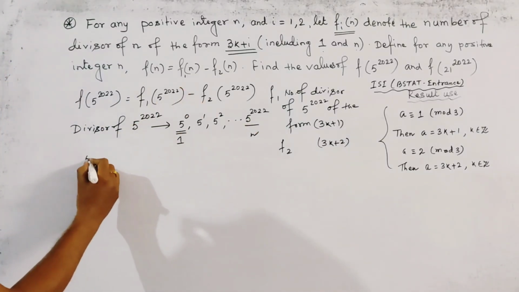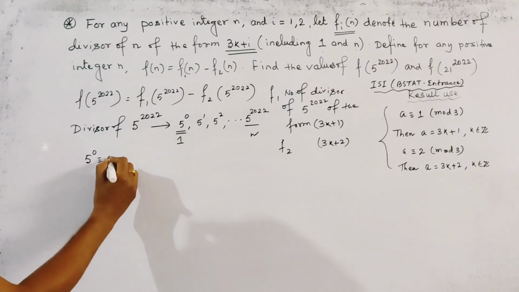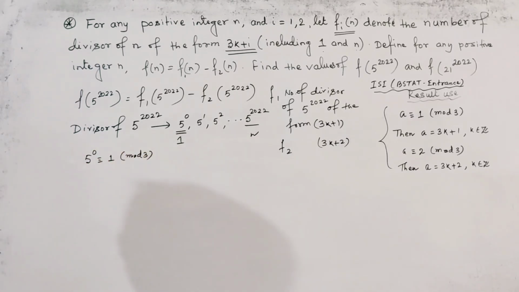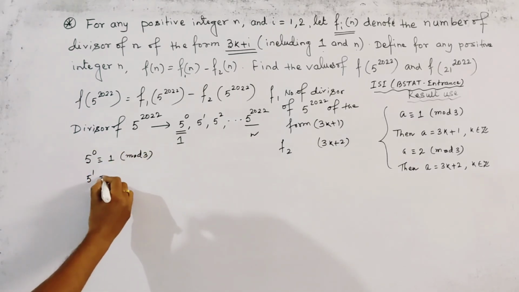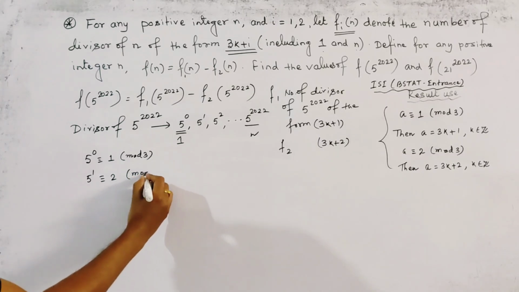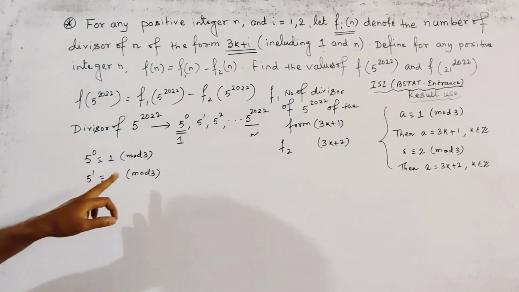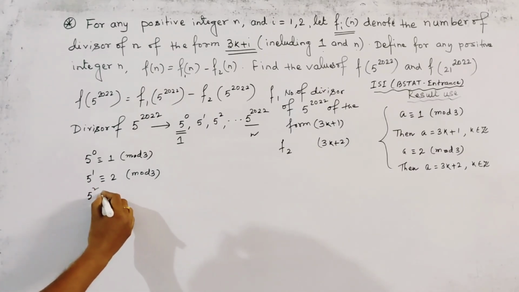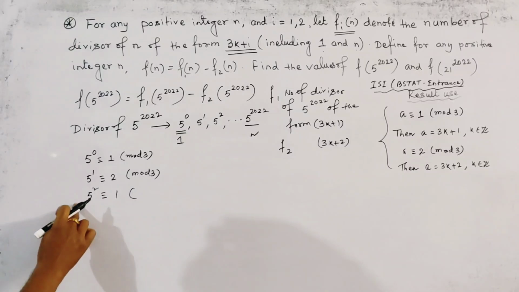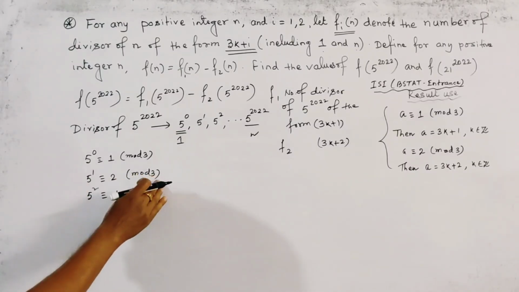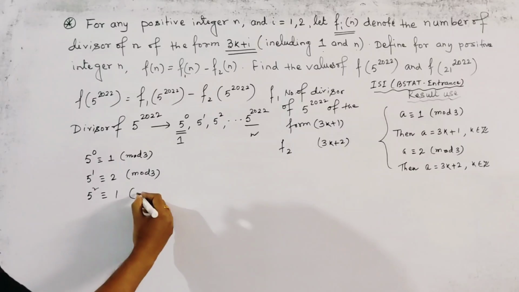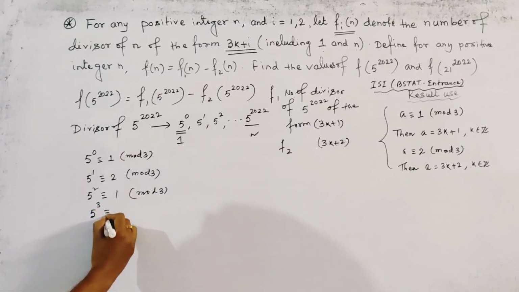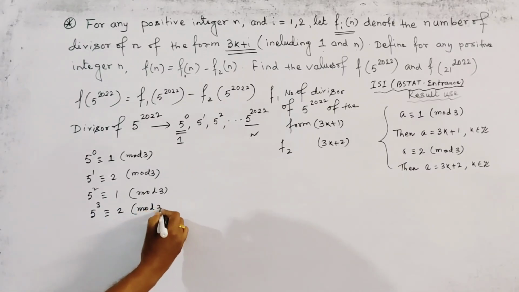Now 5 to the power 0 is congruent to 1 mod 3, obviously. 5 to the power 1 is congruent to 2 mod 3, because 5 divided by 3 leaves remainder 2. 5 squared, that is 25, is congruent to 1 again mod 3. And 5 cubed is congruent to 2 again, mod 3.